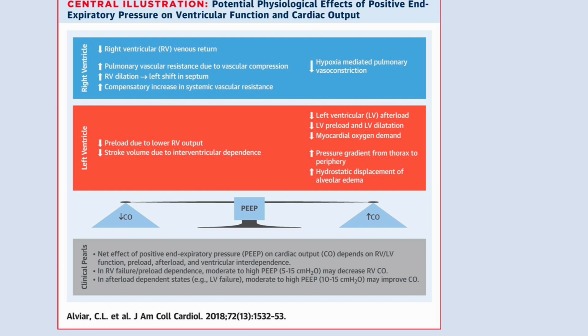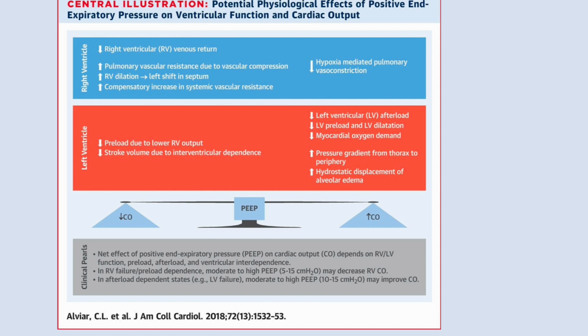In this slide, I'm trying to wrap up the effect of positive pressure ventilation on the right side and left side. You can see the cardiac output of the two sides will be determined by the underlying condition. For example, if a patient has right-sided dependent heart failure and you give them higher pressure ventilation, their condition might deteriorate.